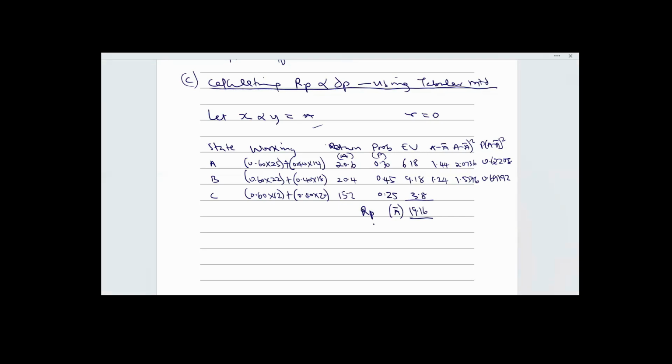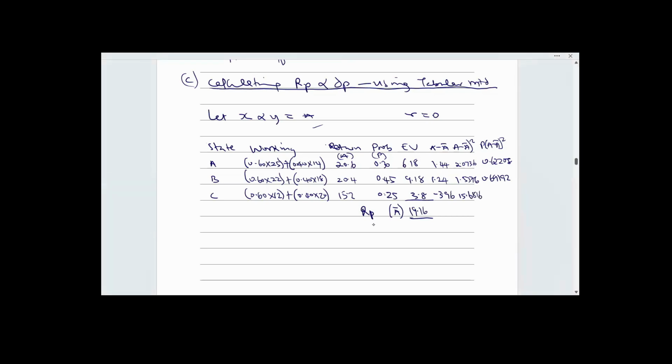Then the third one is 15.2 minus 19.16 equals minus 3.96. Minus 3.96 squared equals 15.6816.